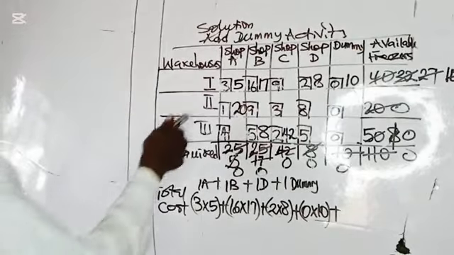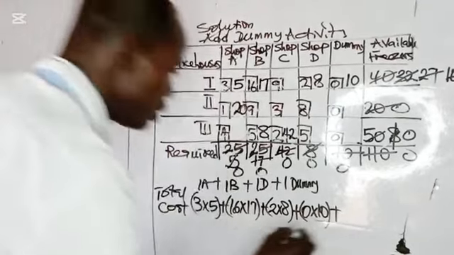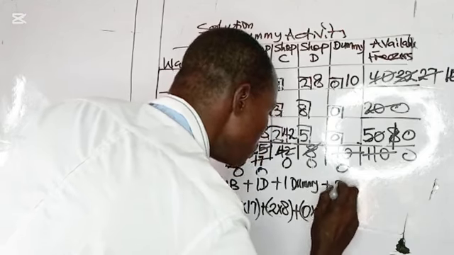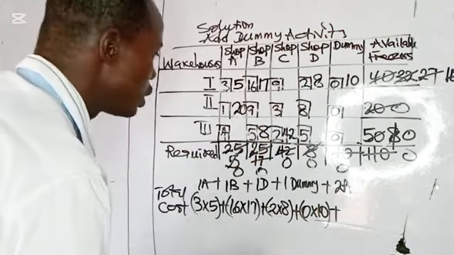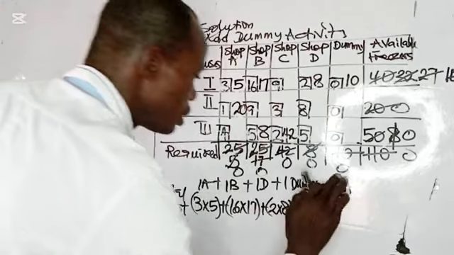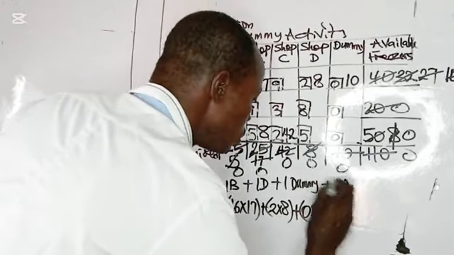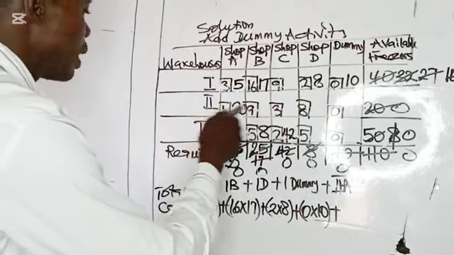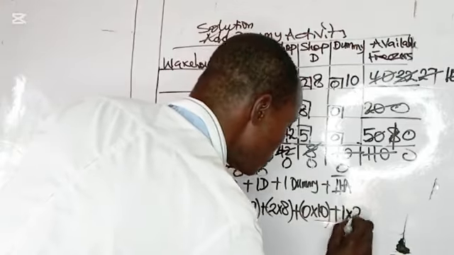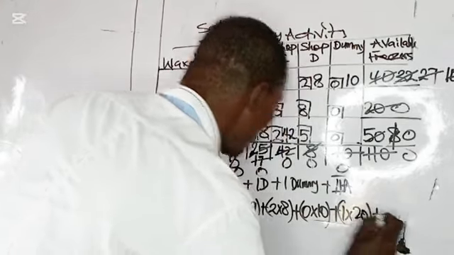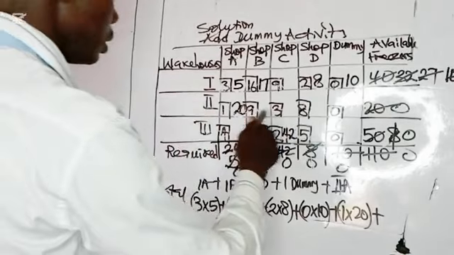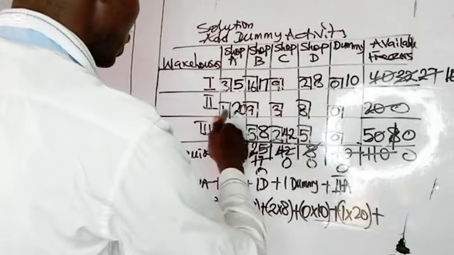Plus we have 2A, which is 1 times 20. No further allocation in that row.